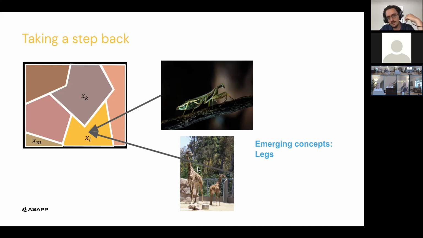For these particular examples, like the insect and the giraffe, this would translate to, for instance, recognizing the concept of legs. And in the space of clusters that we learn, we get a thing that reflects the notion of a leg, or the concept of a leg.